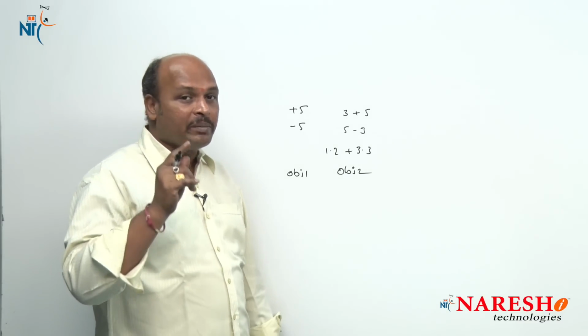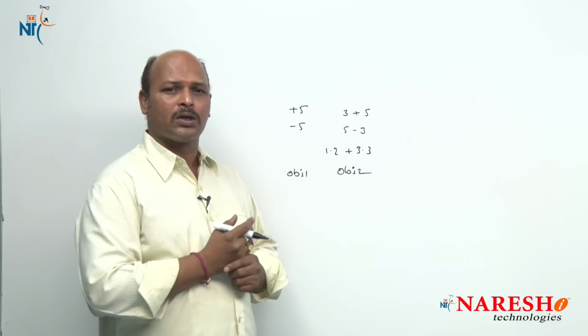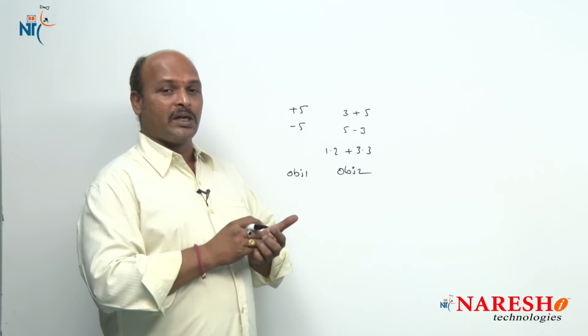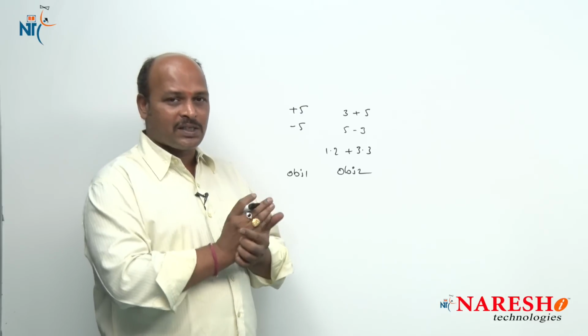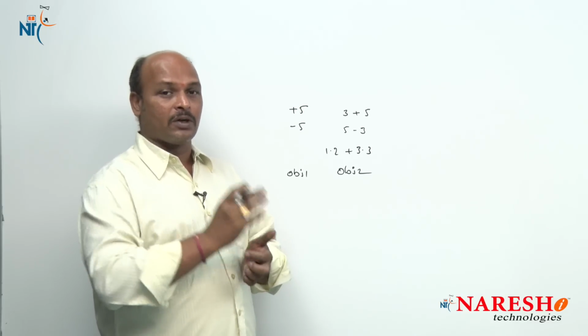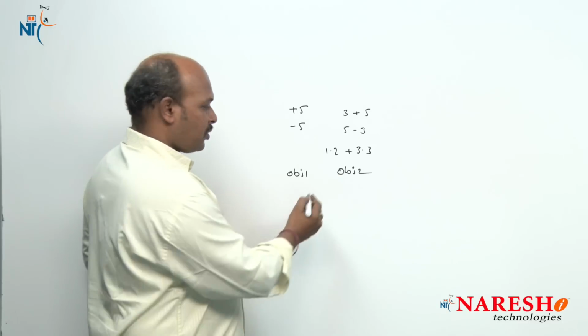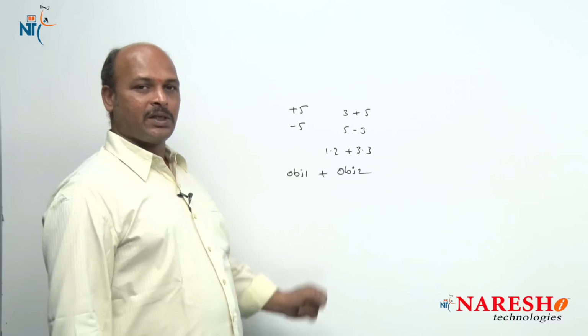Now here one important point: integer, float, character, everything is a predefined data type. But a class is a user defined data type. Now I want to add object 1 and object 2 using plus.